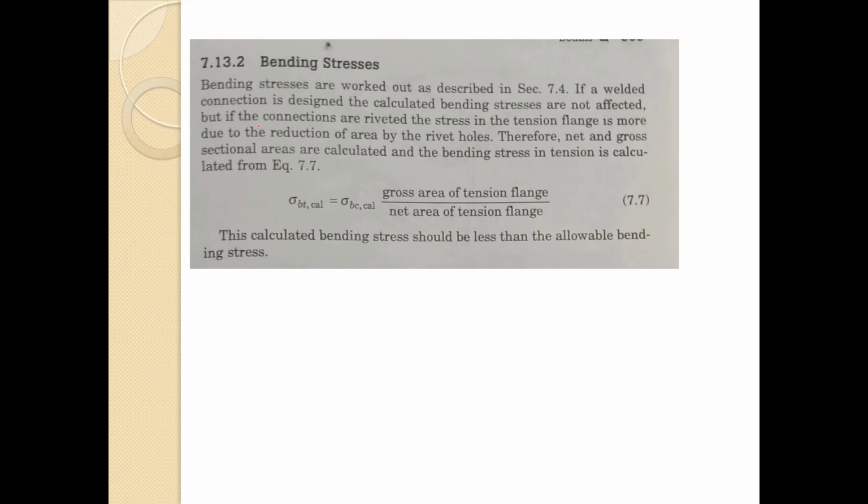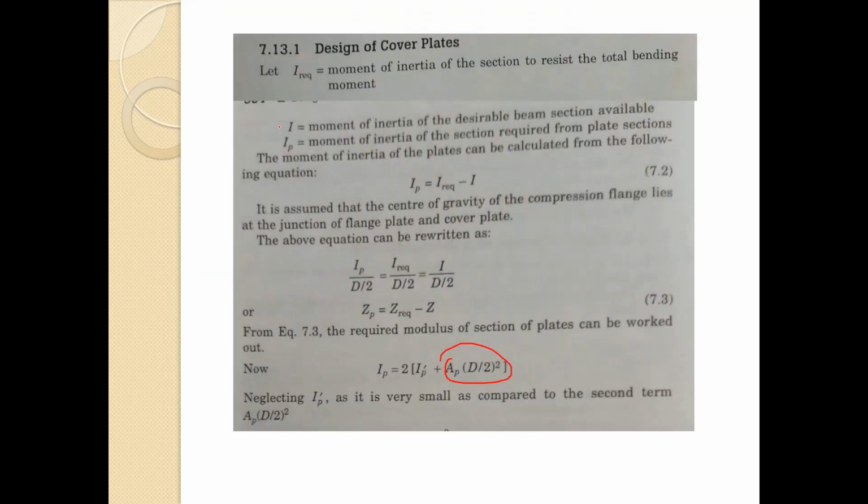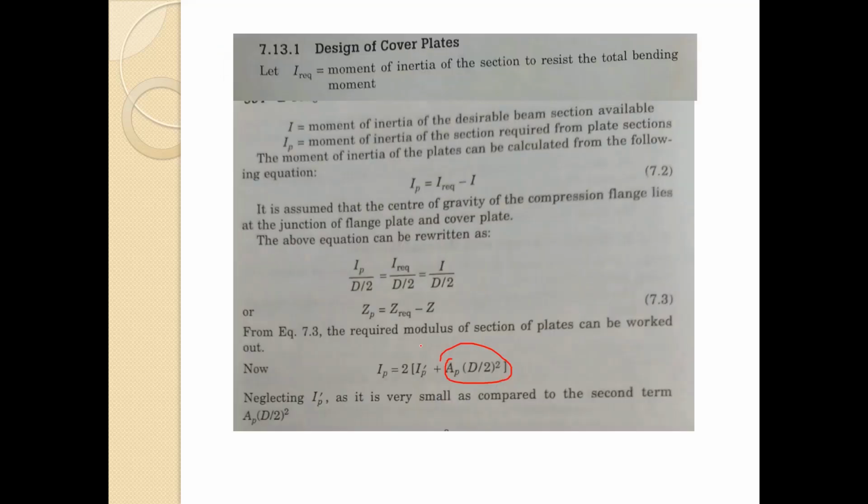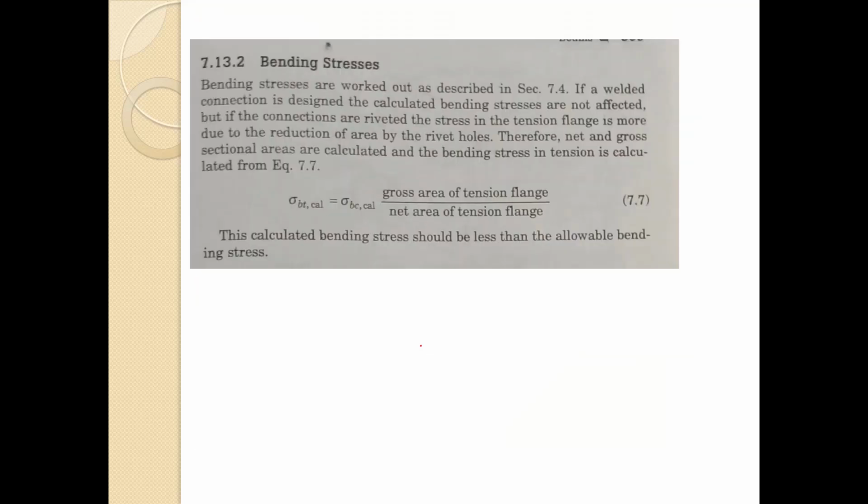But if the connections are riveted, the stress in the tension flange is more due to reduction of the area by the rivet holes. As you can see over here, this flange should be connected either by rivets or by welds. So if weld is there, then there is no issue.